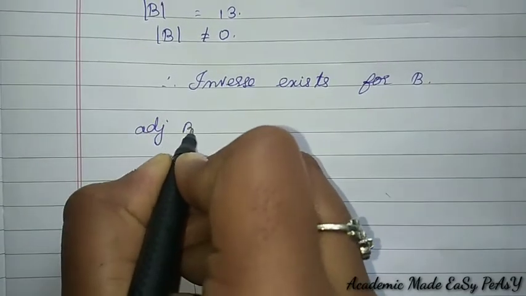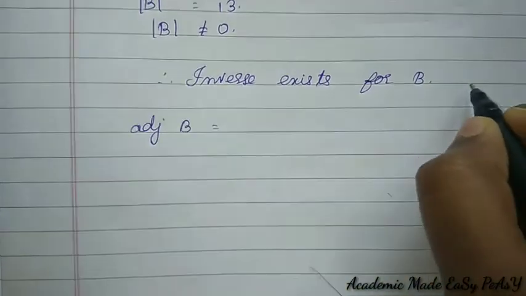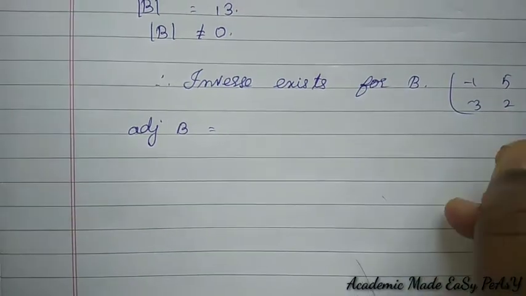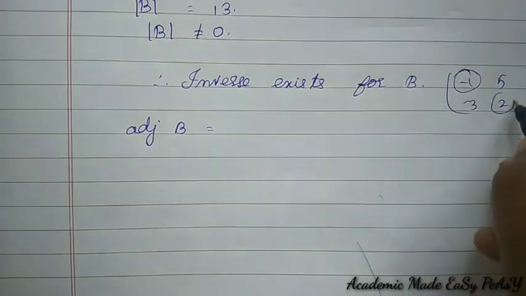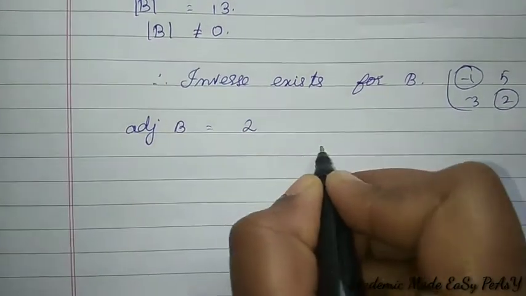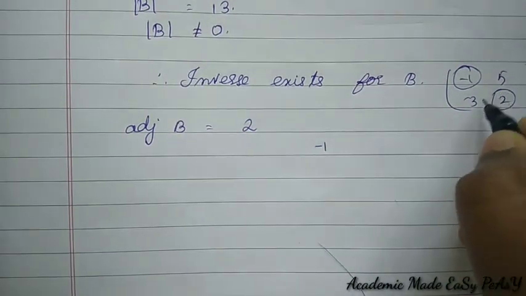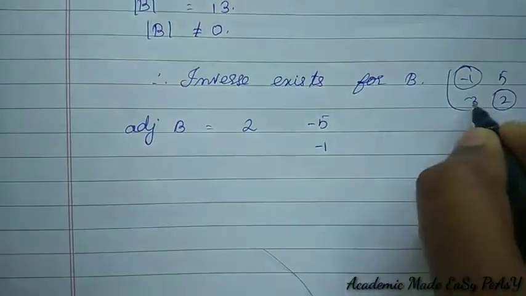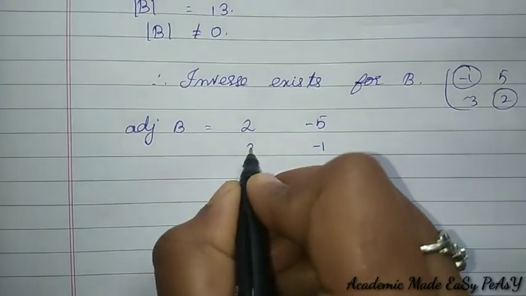Now I will be finding the adjoint of B. So adjoint of B means I will write the matrix here, 5 minus 3 2. So this is the matrix given. I will be changing these two elements first. So 2 minus 1, and changing the signs for these two elements. So positive will become negative, negative will become positive.